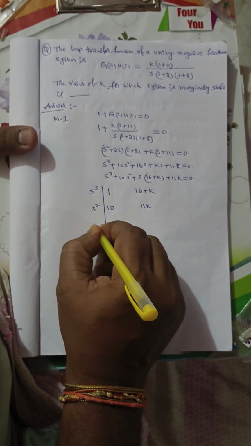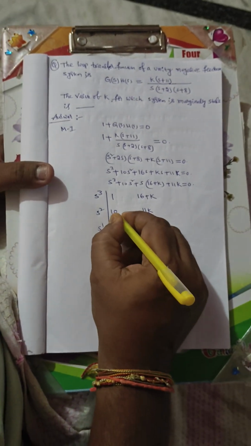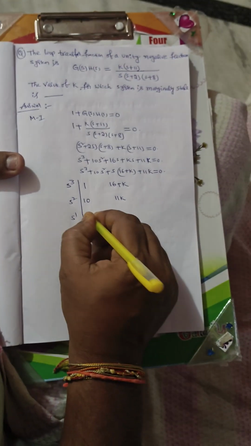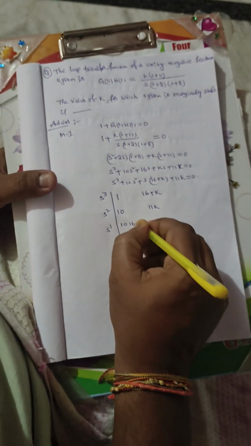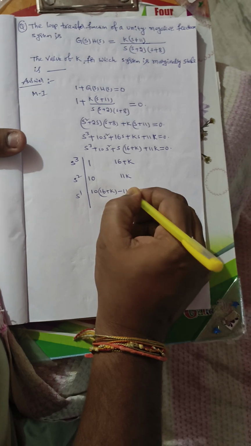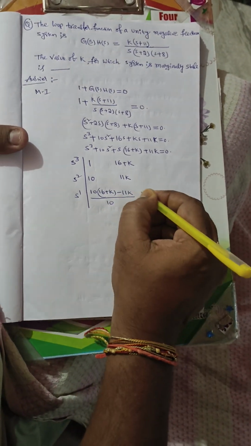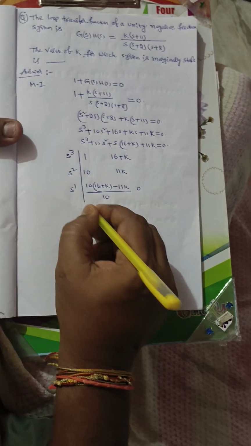Now s power 1 row is obtained by 10 into (16 plus k) minus 1 into 11k, divided by this 10.